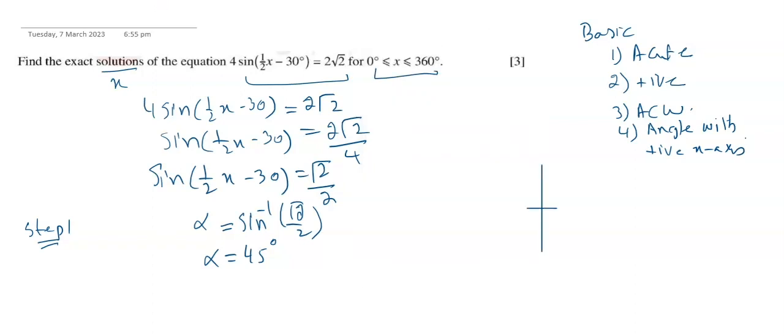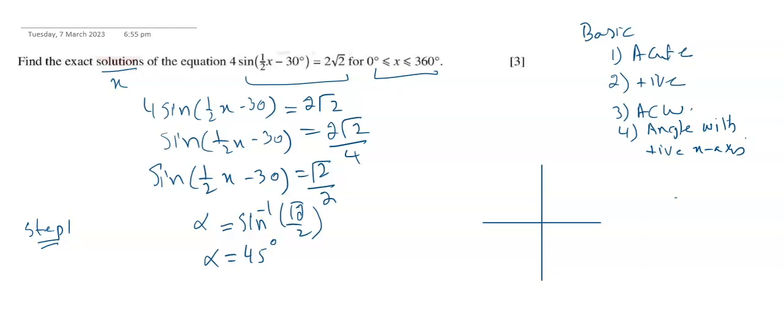We have these 4 quadrants: first quadrant, second, third, fourth. So this alpha is actually... Now once we get the value of alpha, we need to see what is the sign of this trigonometric function.